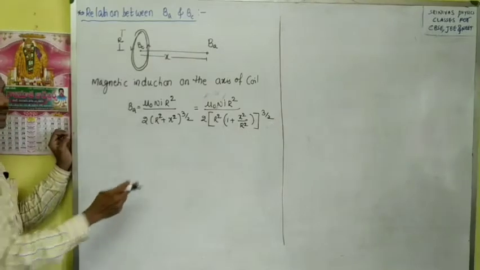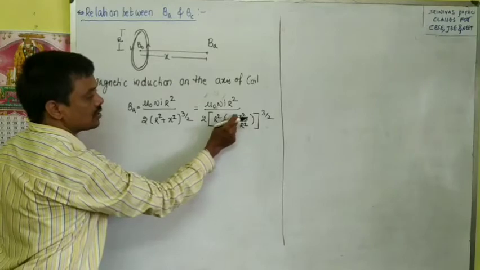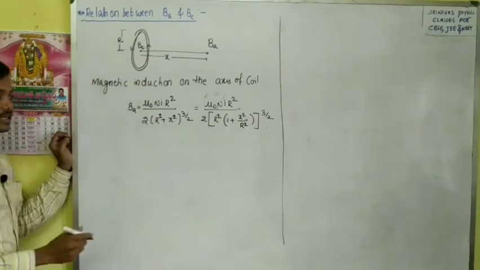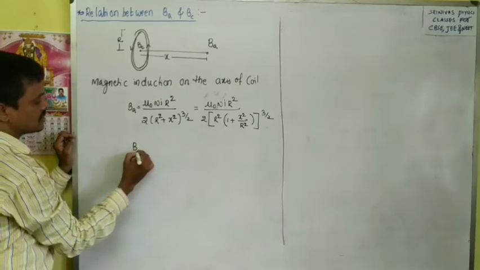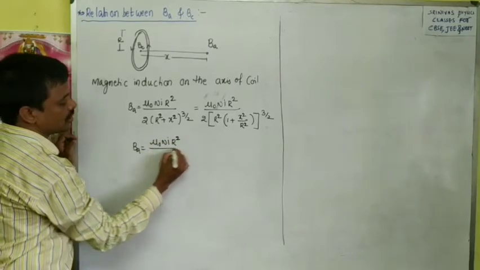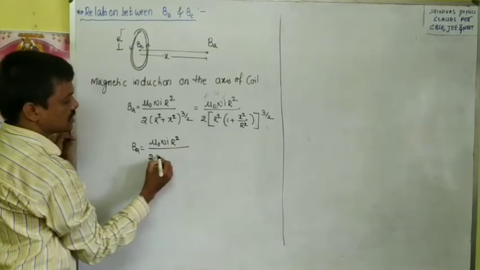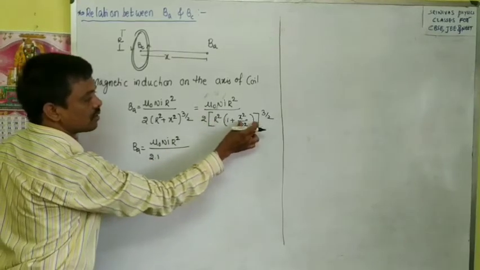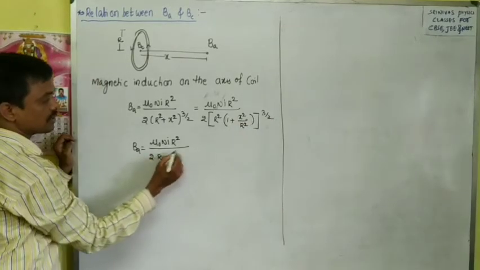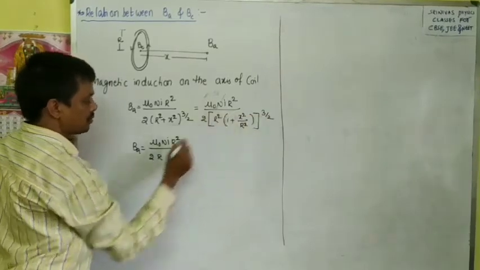What did I do here? I took r square common. If you multiply with r square, r square plus r square into x square by r square, the r square cancels and you get again r square plus x square. Now we have to simplify this. BA is equal to mu naught N I r square by 2 into r square whole power 3 by 2 and 1 plus x square by r square whole power 3 by 2. Then r square whole power 3 by 2 is r cube.